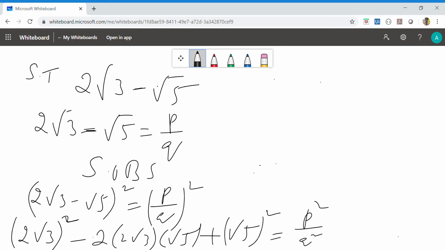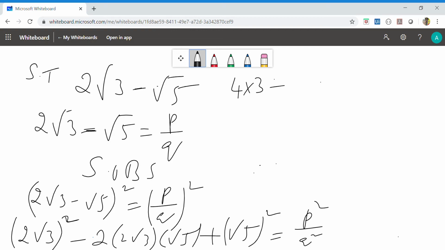First I am simplifying the LHS. In that, 2 root 3 whole square is in the form of AB whole power M. The power belongs to both terms of the bracket. So 2 square is 4, and root 3 whole square becomes 3. 4 times 3 is 12, minus, here you have to multiply rationals with rationals and irrationals with irrationals.